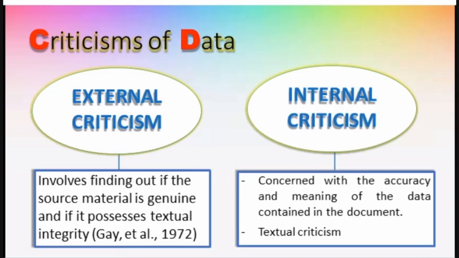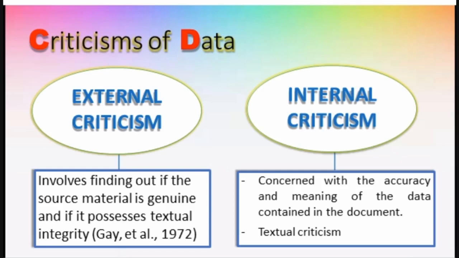And what are the criticisms of data? There are two types, right? External and internal. External involves finding out if the source material is genuine and if it possesses textual integrity. Internal is concerned with the accuracy and meaning of the data contained in the document.